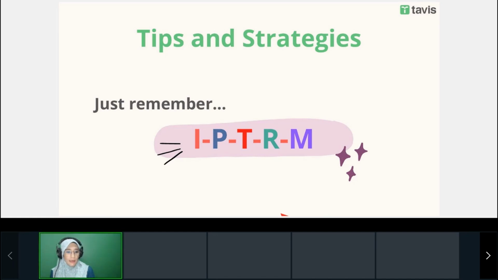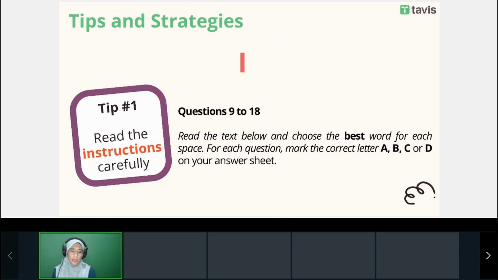Okay, so what's I? What do you think I is? Okay, let's take a look. I stands for instructions. So the first tip that you have to know is to read the instructions carefully. Look at the instructions given here. Questions 9 to 18. Read the text below and choose the best word for each space. So again, choose the best word for each space.